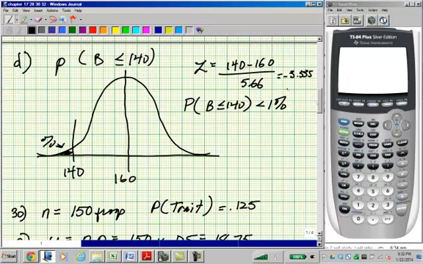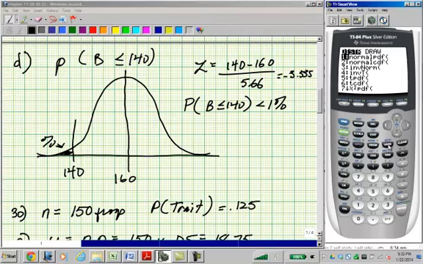Now you could also just do this in the binomial model. Since this particular question, what's the probability the bullseyes are less than or equal to 140? We could do second VARS and binomcdf.